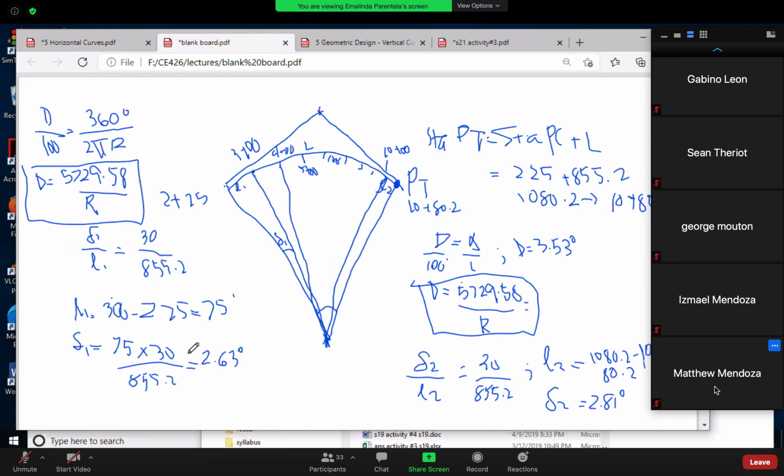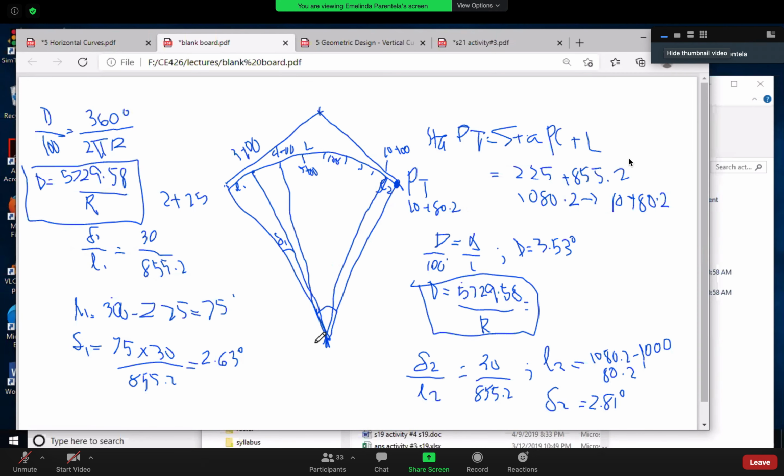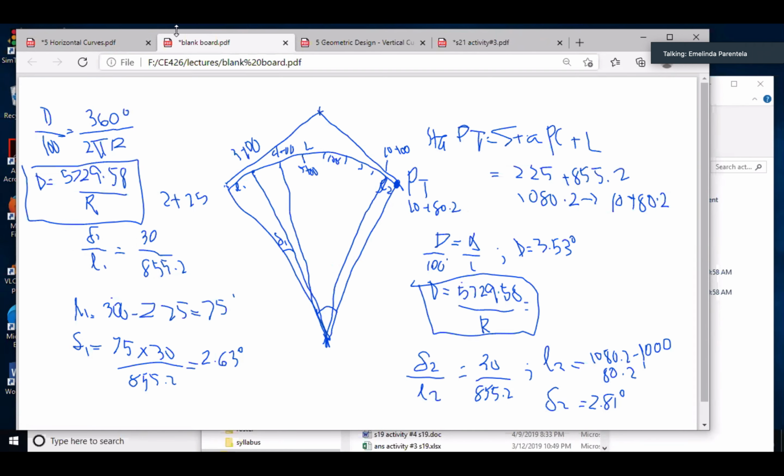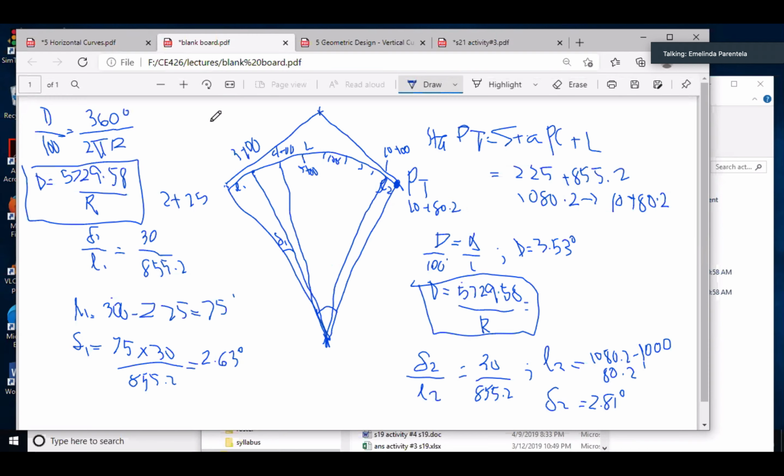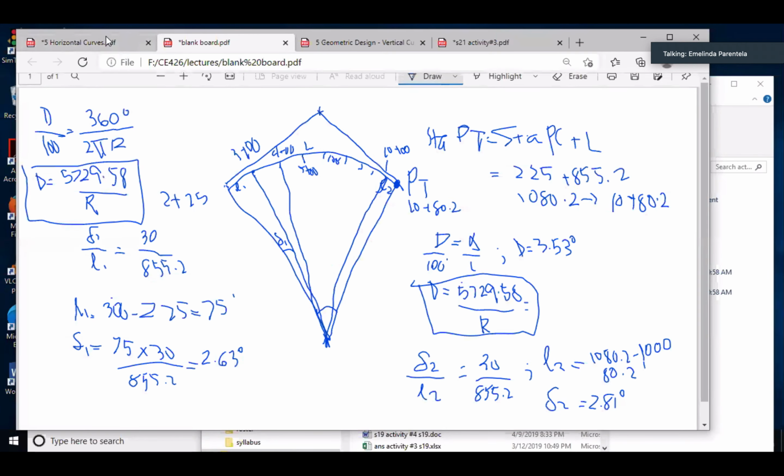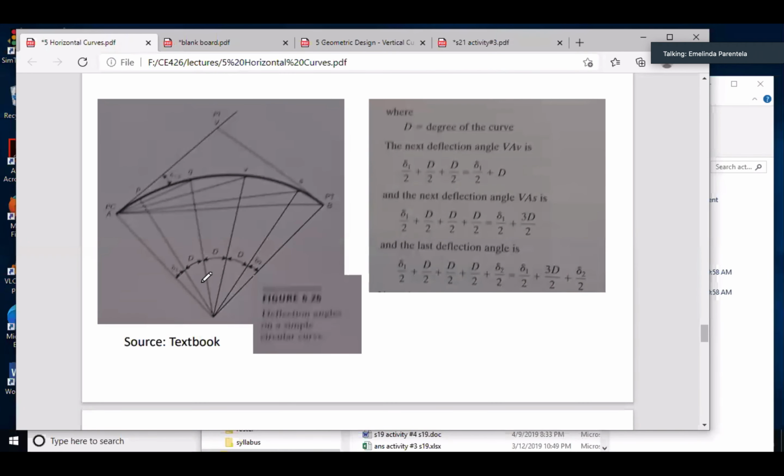Now, is there any question here? When you sum up all of these angles, it will give you 30 degrees. If you don't get 30 degrees, then there's something wrong with your calculation. So this is how you lay out your curve. From the point of curvature, the surveyor will lay out the curve station by station.